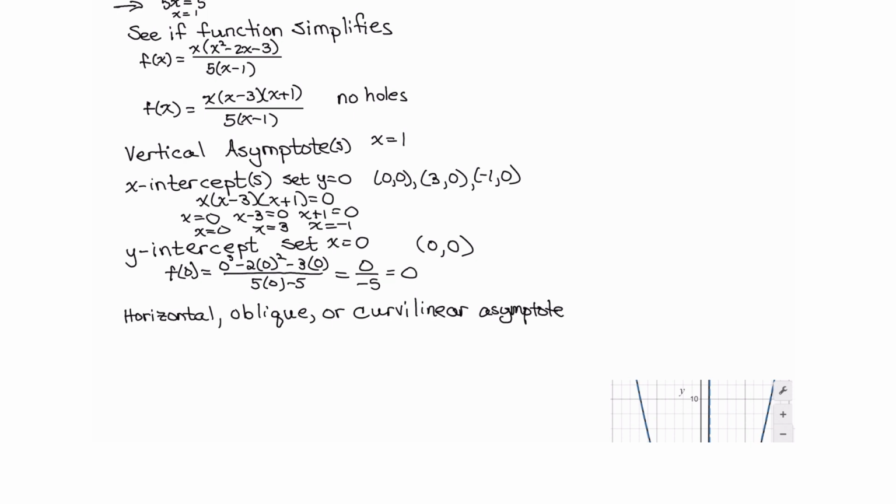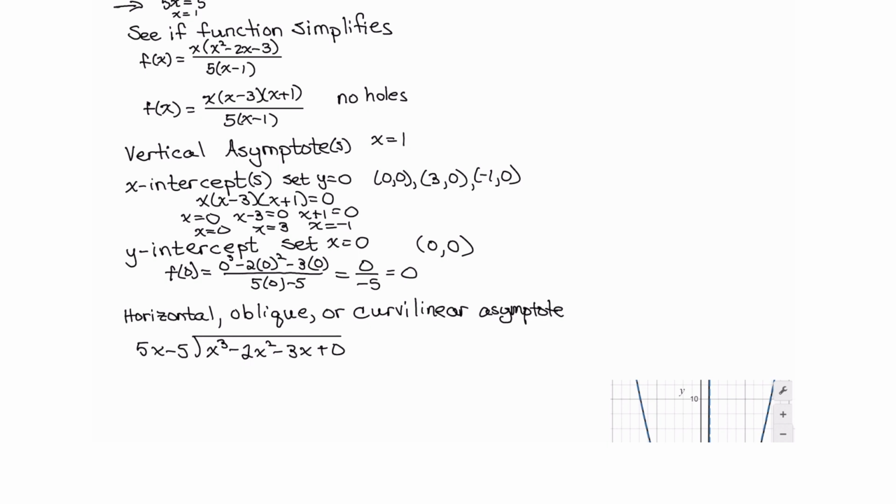So we have our 5x minus 5, and we're going to divide that into the x cubed minus 2x squared minus 3x, and let's put a plus 0 here for our last term.